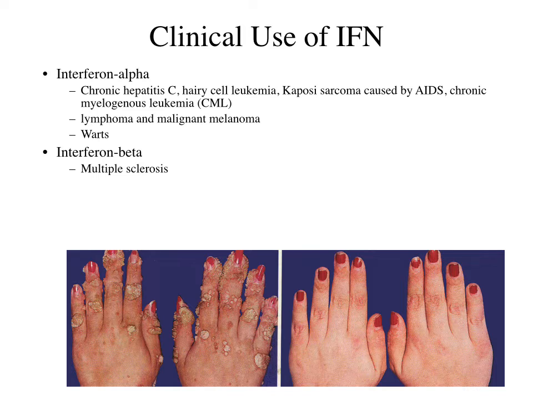It's also been used against lymphoma and malignant melanoma and warts. But interferons aren't used as often to treat most of these diseases anymore. Newer drugs have come along that work better and faster. One new thing, though, is that inhaled interferon beta is being studied to see if it can help treat COVID-19 infections.